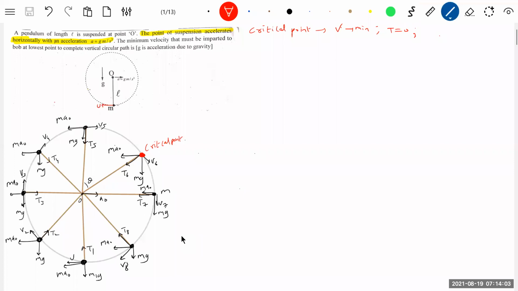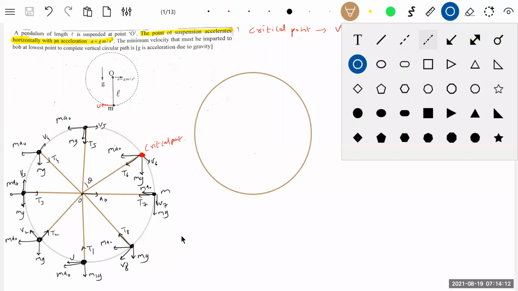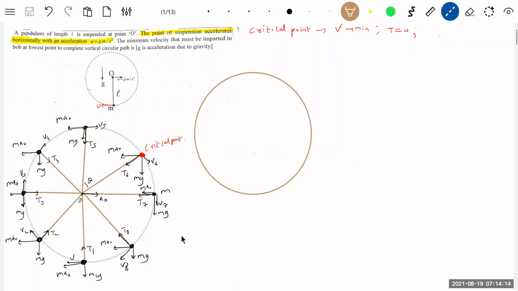So mathematically, how do we analyze? We need a bob and a string. There's a bob, and we have given it speed u.